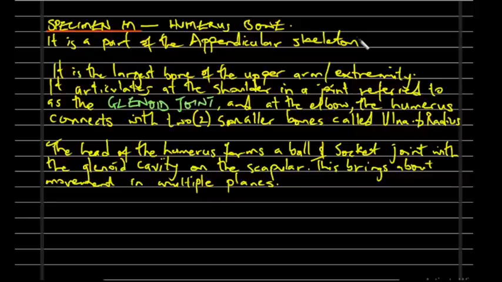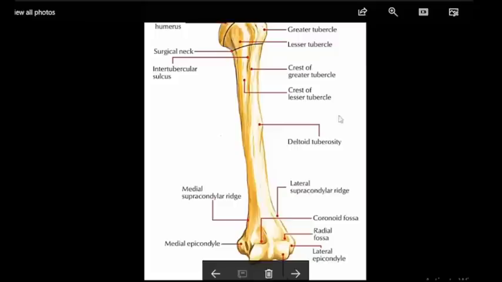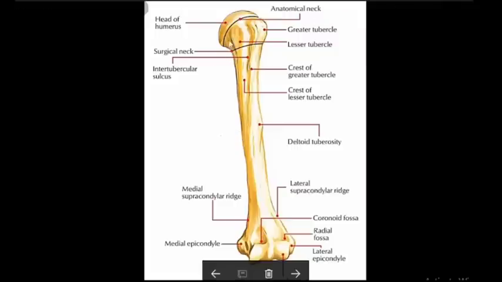At the elbow, that is at the lower end of the humerus, is where the humerus connects to two smaller bones called the ulna and the radius. This is what the humerus looks like. Looking at the head of it here, we can see that it has a round shape.